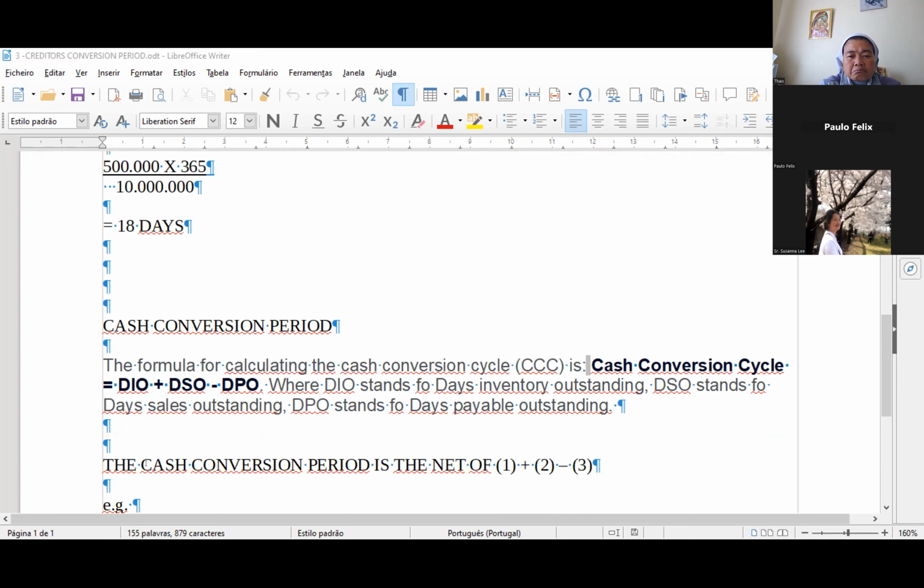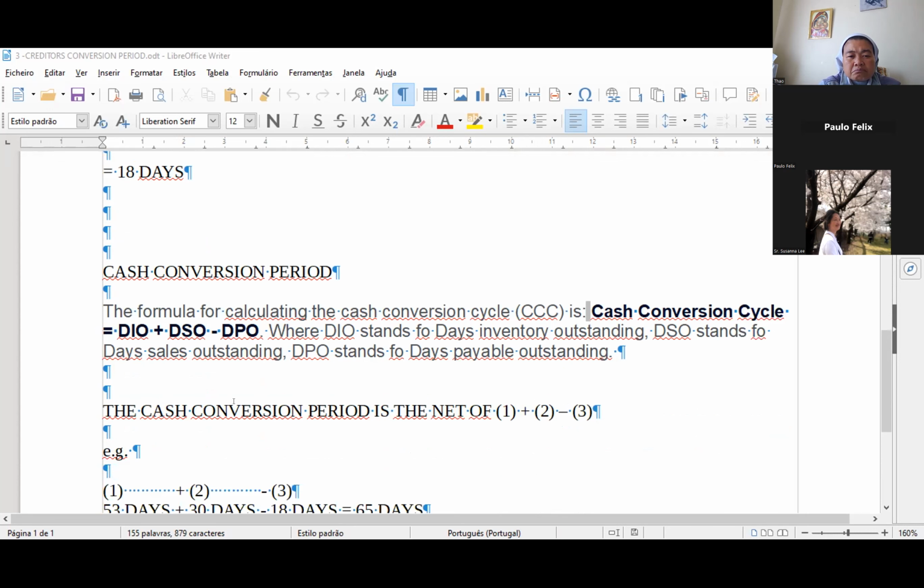So the cash conversion period is 1 plus 2 minus 3.